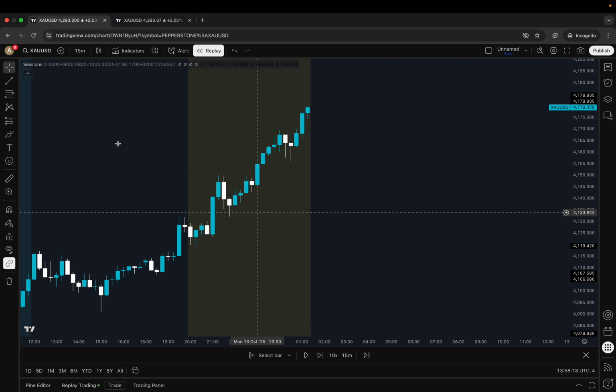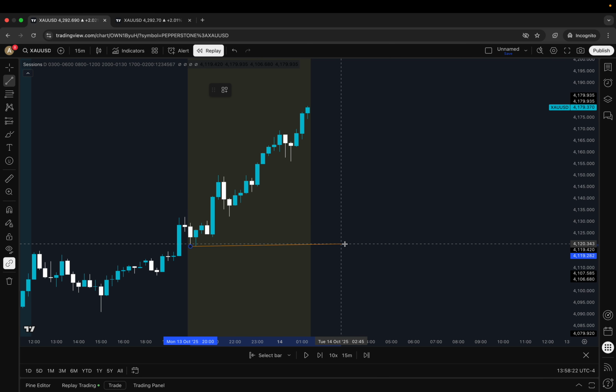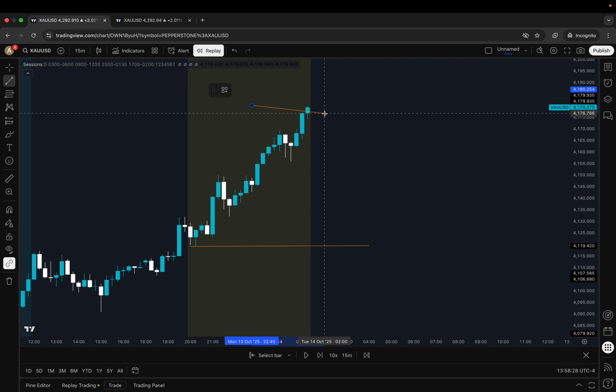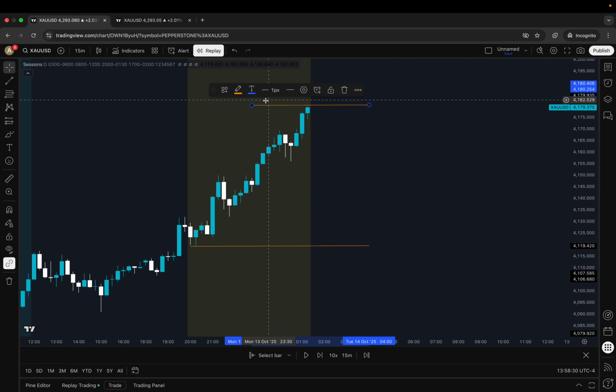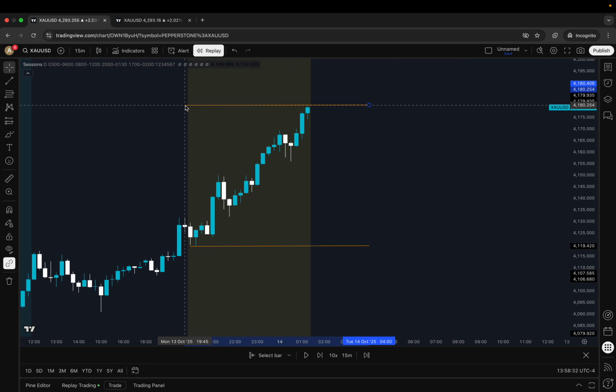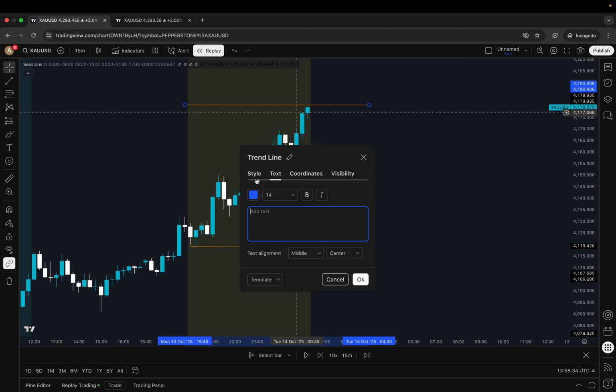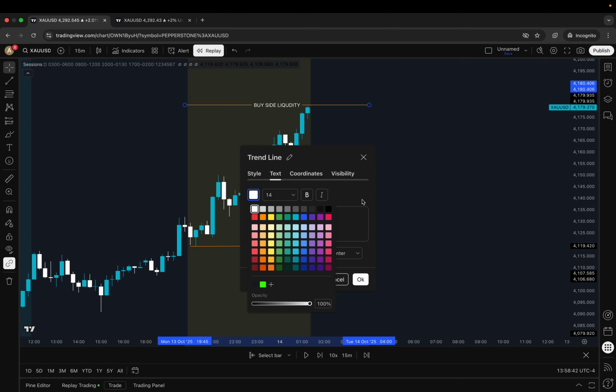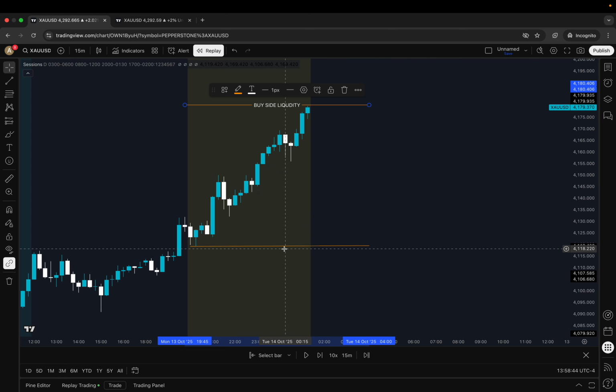Now that we've got this marked out, we want to mark out our high and low of the session. So this is our sell side liquidity for Asia, and this is our buy side liquidity for Asia. And I'll actually mark it out for you guys to make it clear. So this is our buy side liquidity, and this is our sell side liquidity.